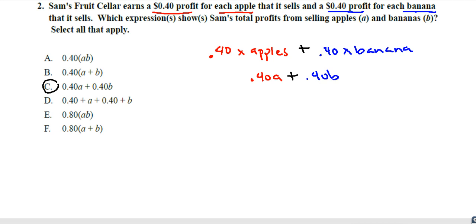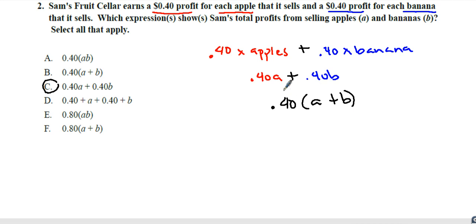And you'll notice that you have parentheses involved in some of these, because it is fair game for you to recognize that since both of these are 0.40, I technically can rewrite this as 0.40 times A plus B, because every time I sell apples and bananas, I'm making 40 cents on every one.